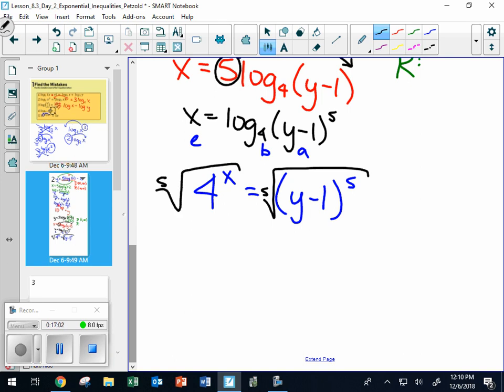So if it's to the power of 5, then you have to take the root of 5. What is that? The 5th root? I think that's what it's called. The 5th root. And so we'll have the 5th root of 4 to the power of x is equal to y minus 1. But how do we rewrite the 5th root as a power?